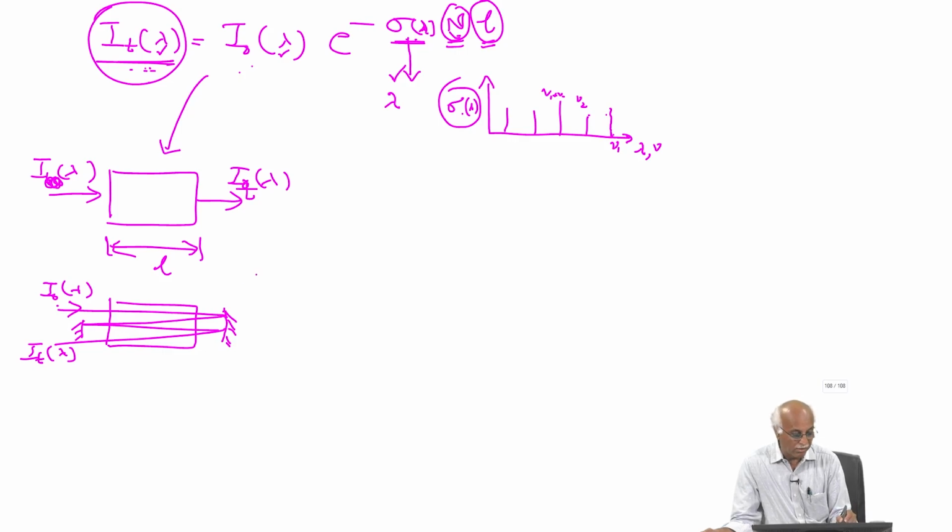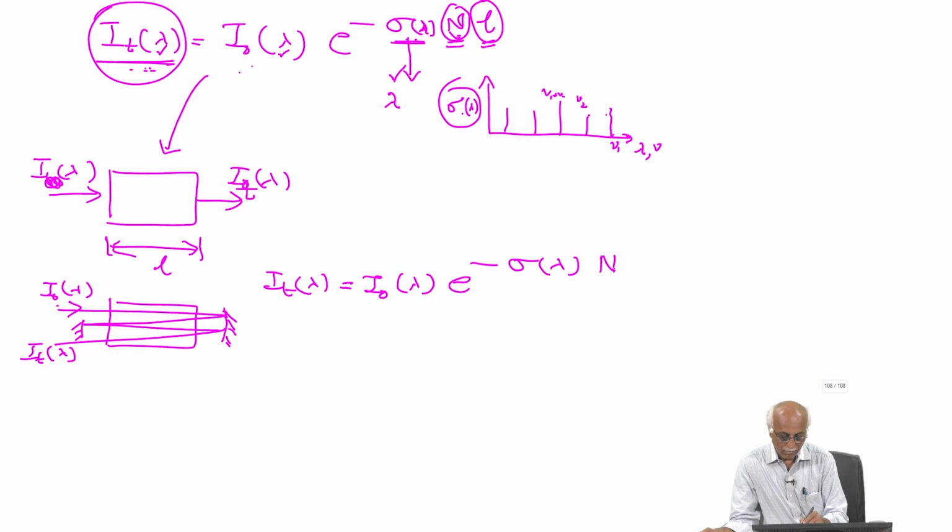So, my transmission characteristics I_T lambda is now 4 times n, is it not?